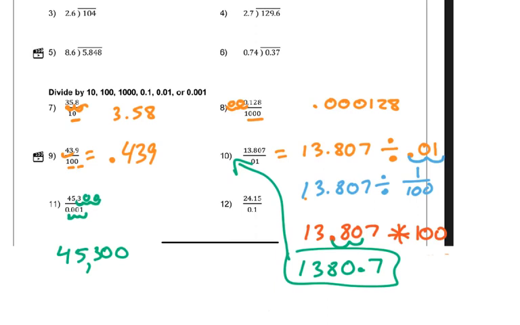But if you forget, you can always write this as a traditional long division problem, and you'd get the correct answer. So for number 12, because we just have to jump once here, this would be 241.5. And that's it. So hopefully that makes sense.